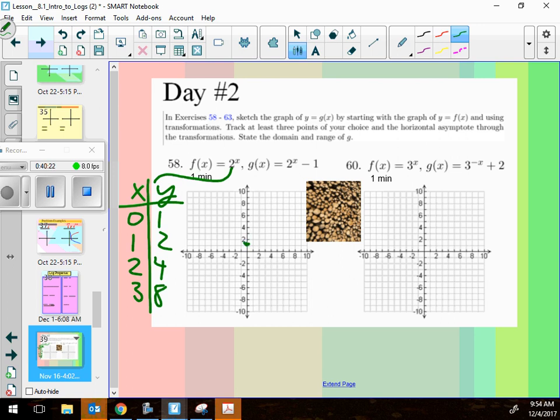Yes, you can just do it that way. It's totally okay. After a while, you get sick of doing it by points, and you might want to know that it just kind of goes like this and then gets moved. That's the original one. And then the one that gets moved is this one. And where did it get moved? Down 1. So you just have to take the original graph and move every point down 1.